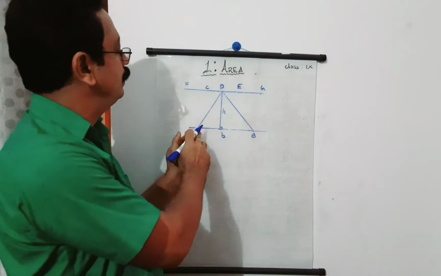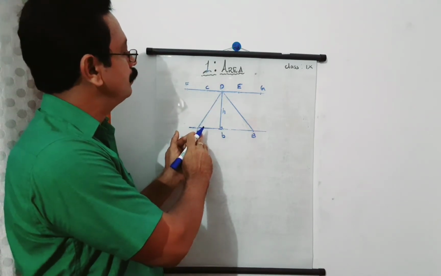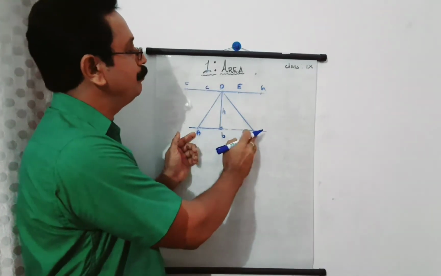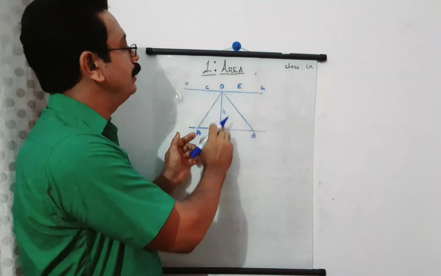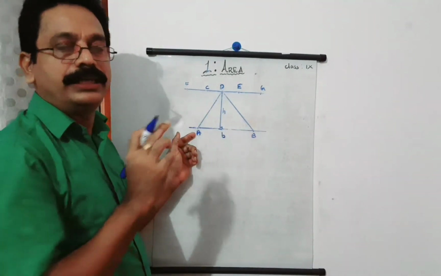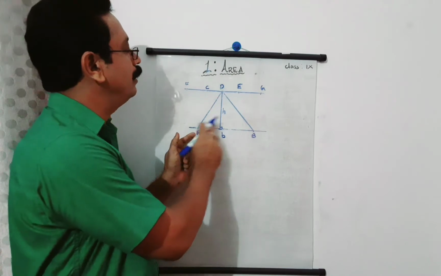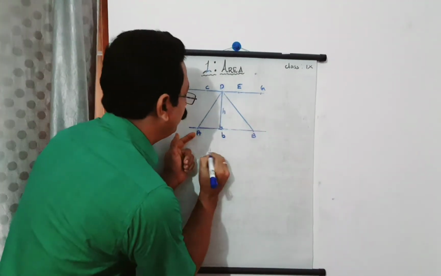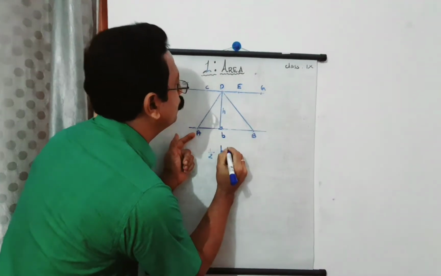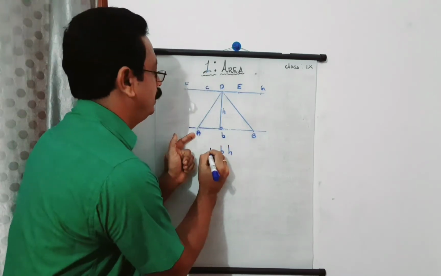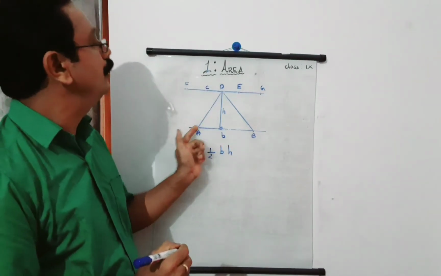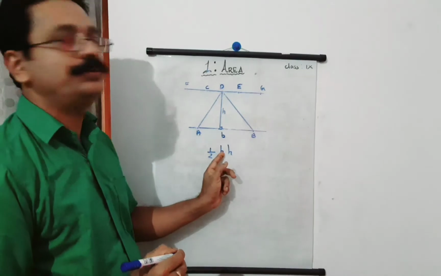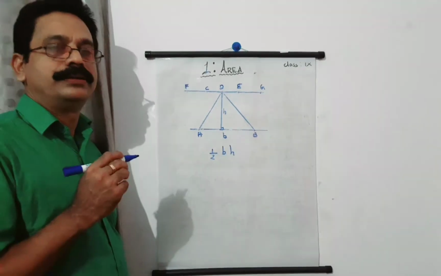That is, this triangle has base b and height h. Then the area of this triangle will be half into b into h. That is, the area of triangle ABD is half into b into h.